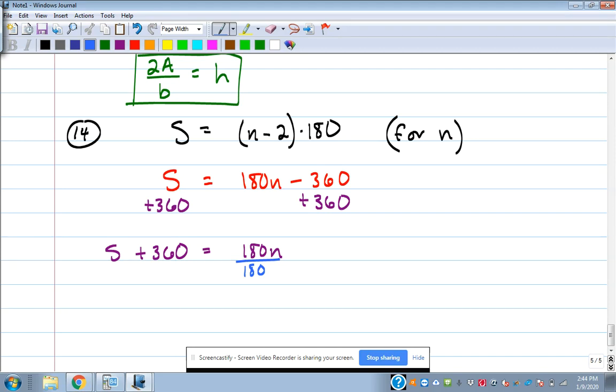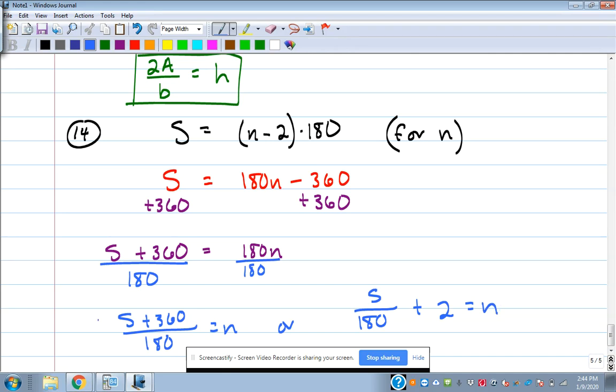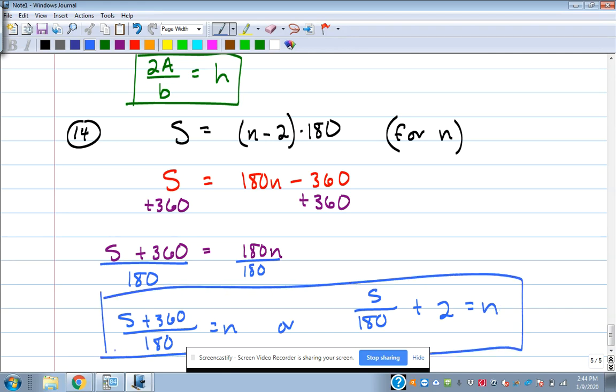Just 360? Both of them, the whole thing. So S plus 360 over 180 is equal to n, or S over 180 plus 2. Why are they both correct? Yeah, if I divide each one individually by 180, that's where the 2 comes from. I would take either on that problem.